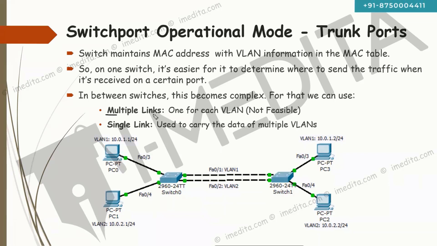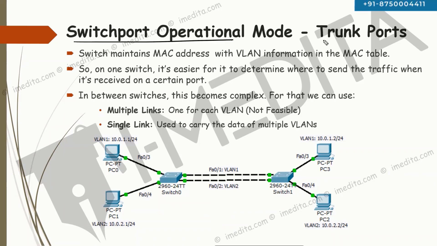So this is a solution, but it's not a good one from the design point of view or the deployment point of view. Having a dedicated cable to carry the traffic for a particular VLAN is not a very feasible solution.